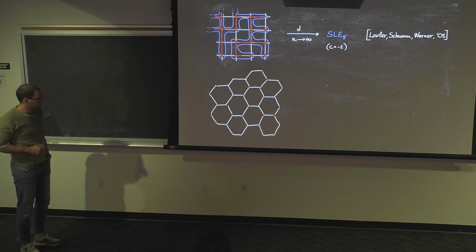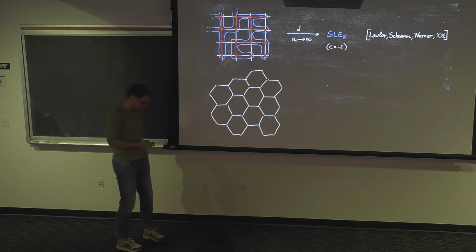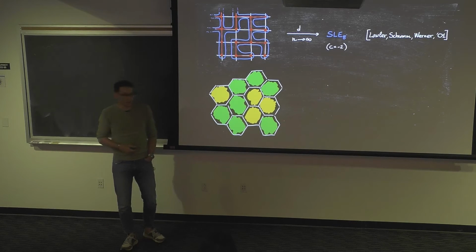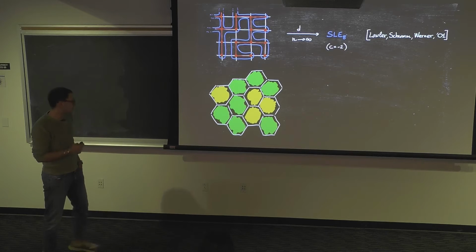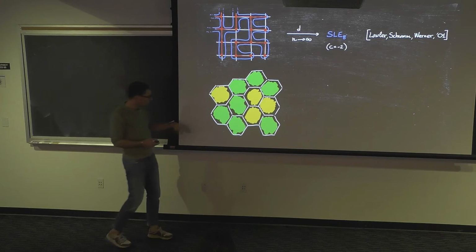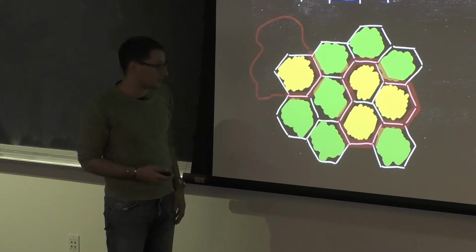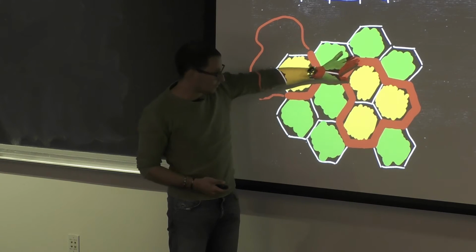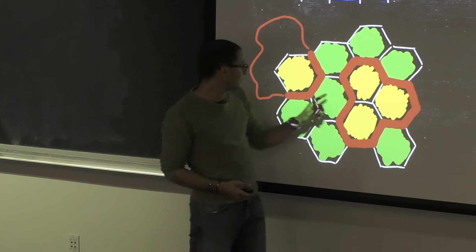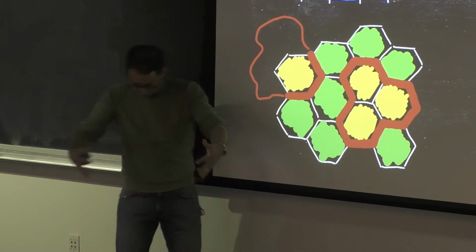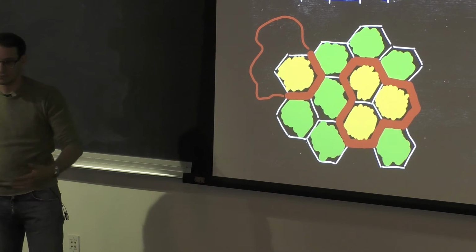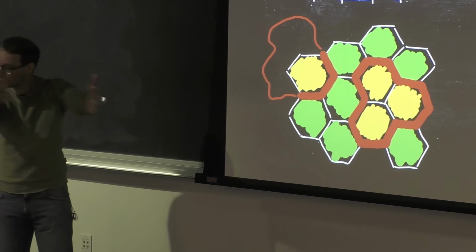Third object, take the hexagonal lattice, do critical Bernoulli percolation. We're all experts now. And you take the contours of the clusters. So in red, I'm just taking the contours of clusters. This is going to give you, in the complex plane, a series of loops.